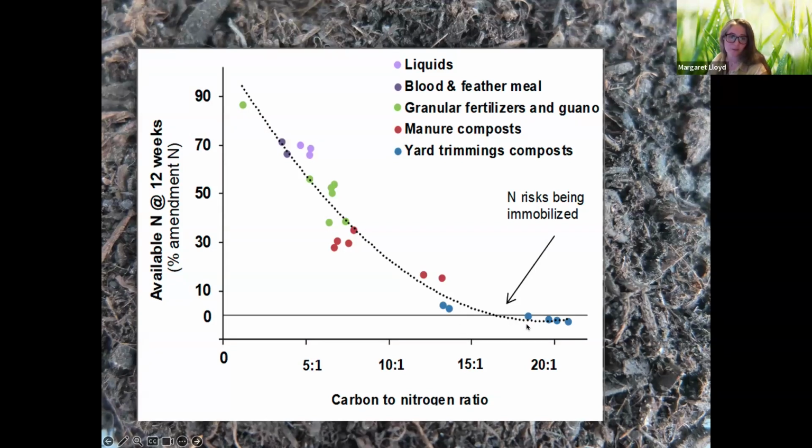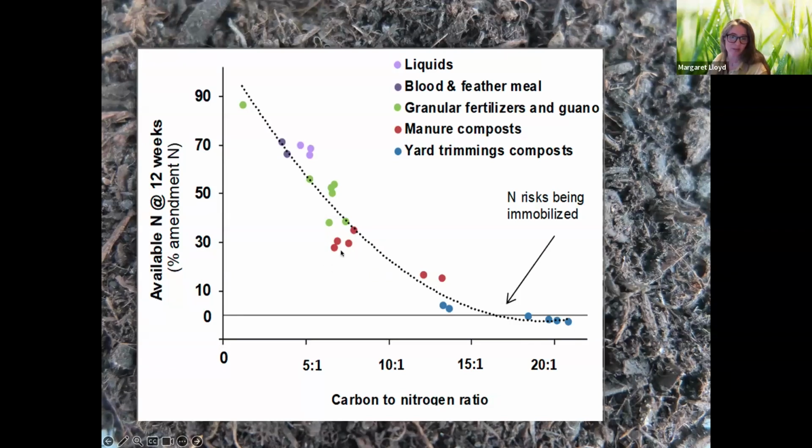So when we chart the C to N ratio with availability, we can see that these 13 to 20 to 1 C to N ratios hovered right around 0. And that's where we have nitrogen immobilization risks.